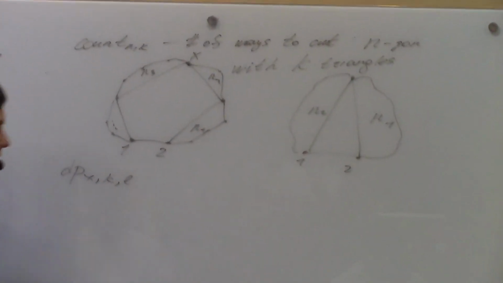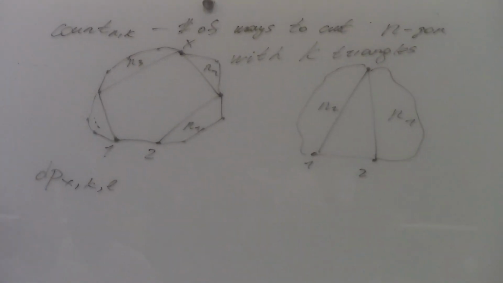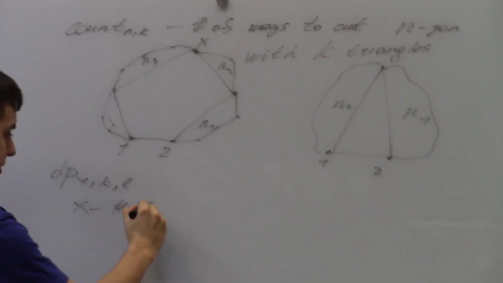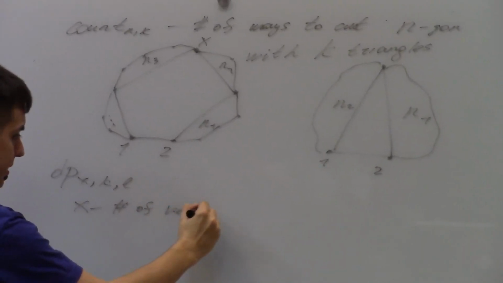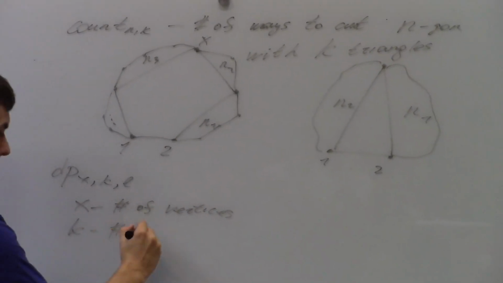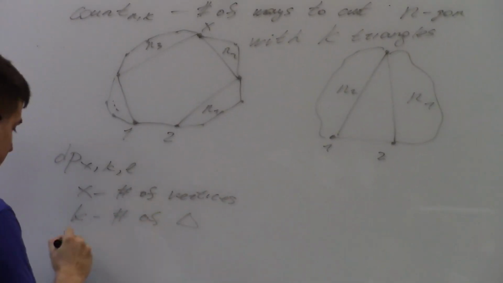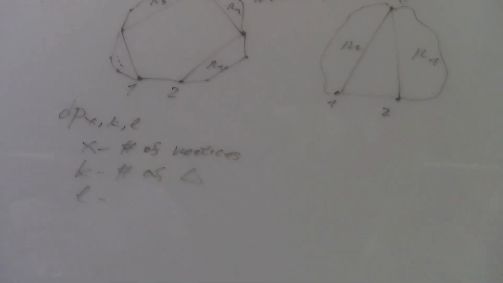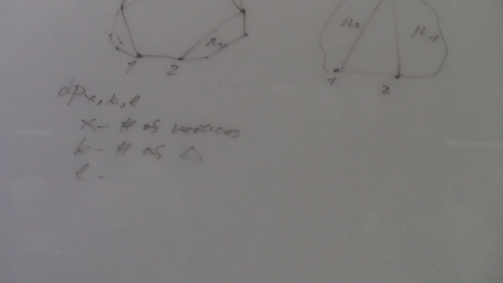L is the current length of the polyline. So x is the number of vertices, k is the number of triangles, and l is the length of the current polyline.